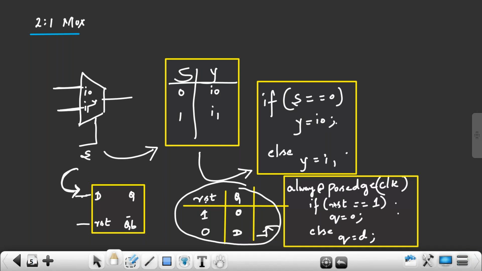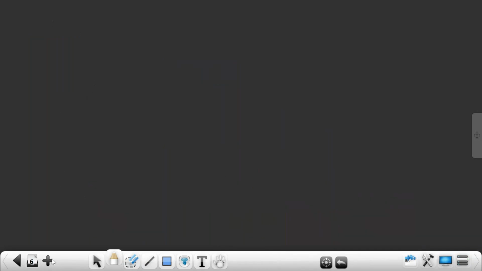If you want to go for a bigger circuit, how do you represent it? I have written only a small circuit. For a bigger circuit, for example, you want to design an IC for an ATM machine, how do you do that? How do you write the Verilog program for that ATM machine?